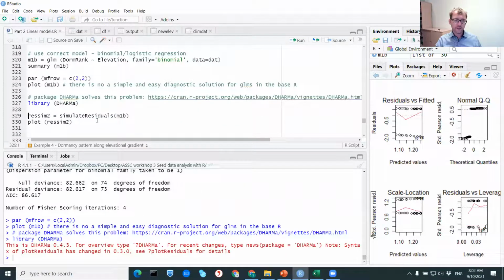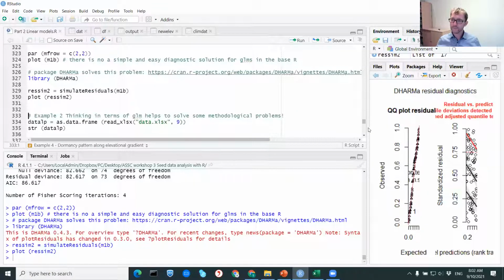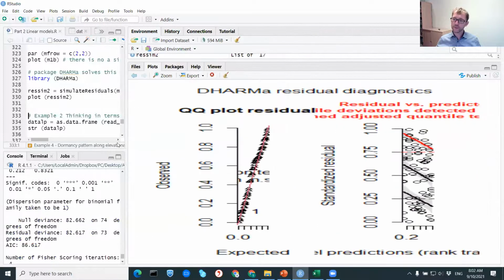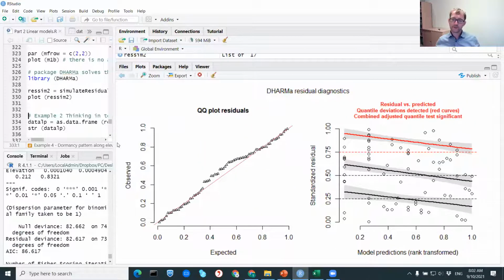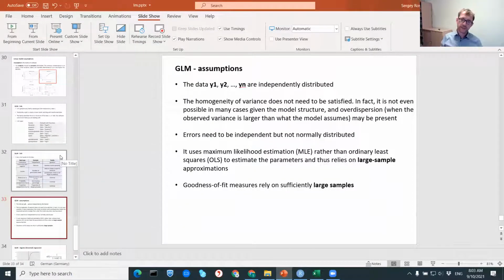What the package does is simulate residuals and provide a familiar output, checking the assumptions for generalized linear models. And again, about assumptions, the 10 assumptions we were discussing this morning do not really apply here because GLMs work differently.